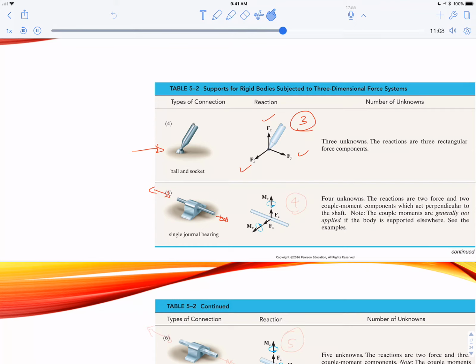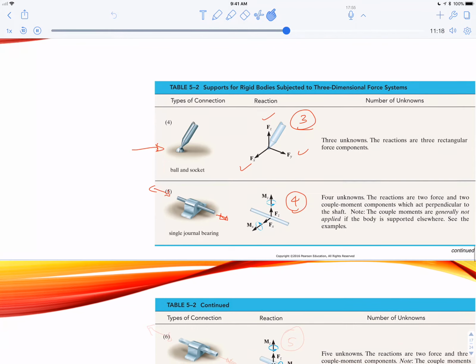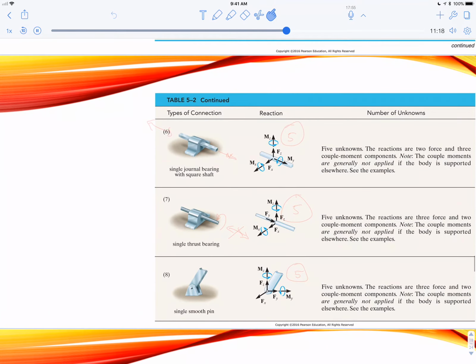Okay, and this is called a single journal bearing. So you MEs, you'll have to understand how these things work. The main thing is that this thing has 4 reactions. Okay, and this is a single journal bearing with a square shaft, meaning it cannot spin. So there is a reaction that way because it's square, but it can slide in and out. So basically it has all 6 reactions except for this force there, which can slide back and forth. So this one has 5 reactions.